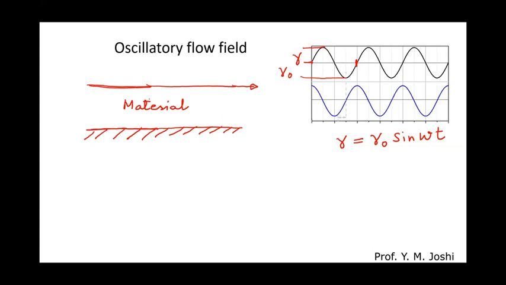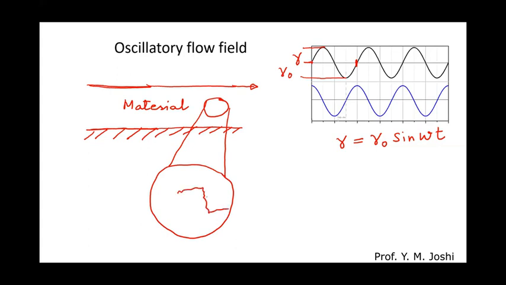What is the meaning of network structure? Network structure simply means that if I look at some region over here, I'll find that, let me assume, some kind of polymeric network is present.